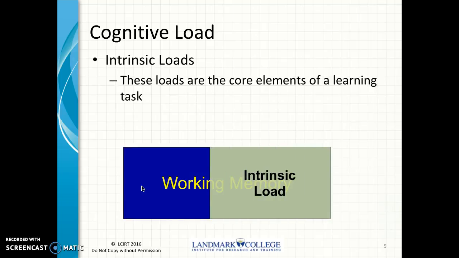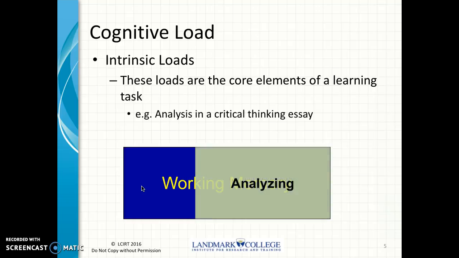Now, the other form of cognitive processing load that I want to introduce is the intrinsic load. And these essentially are cognitive loads that are core elements of your learning task. Again, this depends on what you've identified as your learning goals. So think about that critical thinking essay, and critical analysis is probably the element that's most critical to your learning goal.